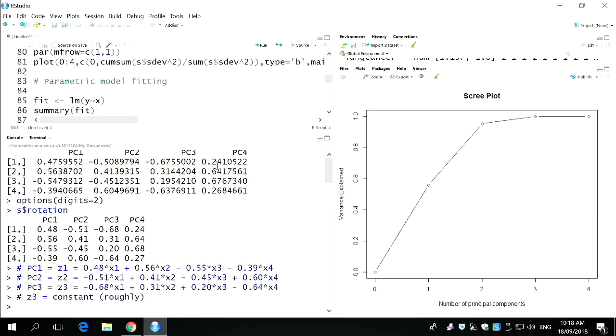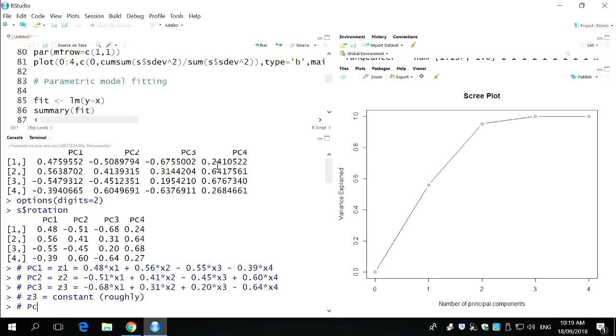It looks like if you take minus x1 minus x4 plus about a half of x2 plus x3, you get a constant. Okay? That tells you roughly that about a half of x2 plus x3 is roughly equal to about a half of x1 plus x4 plus a constant. Okay? That's just a rough cut. So that tells you about one of the collinearities in the space.